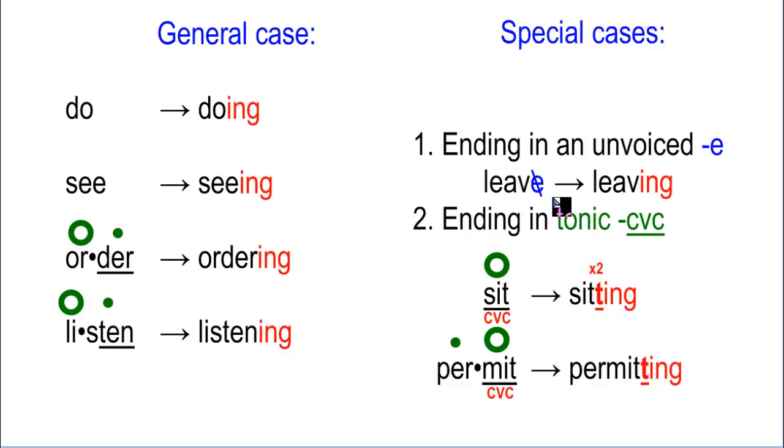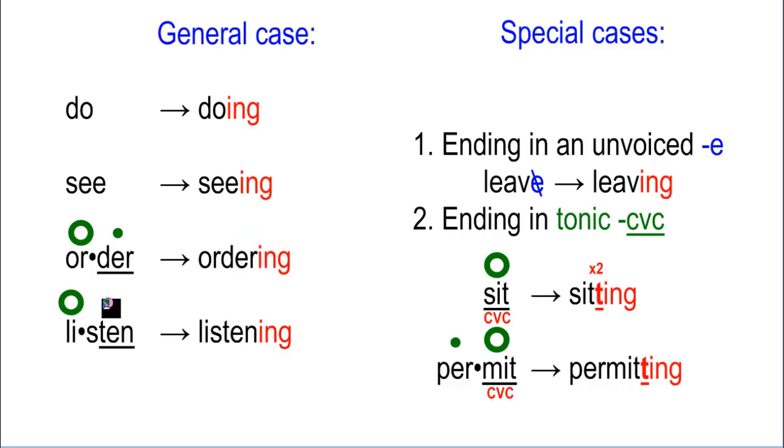You only duplicate when you finish in a tonic syllable that finishes in consonant, vowel, consonant. So remember, if it's not tonic syllable, you don't duplicate it. So order, ordering, no duplication.